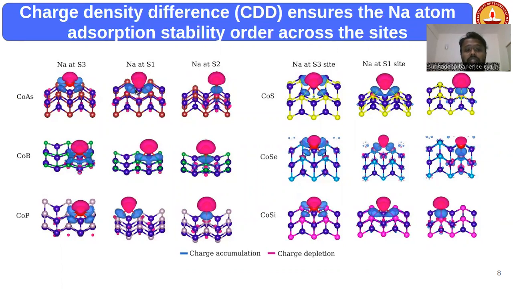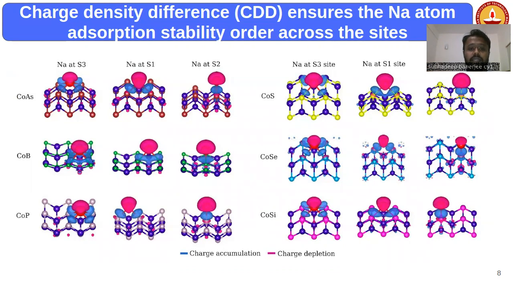The number reduces to 2 non-metal atoms for the S1 site adsorption, and further to only 1 non-metal atom for the S2 site adsorption. Therefore, this clearly depicts the variation of adsorption stability at various sites for all cobalt anti-MXene surfaces.